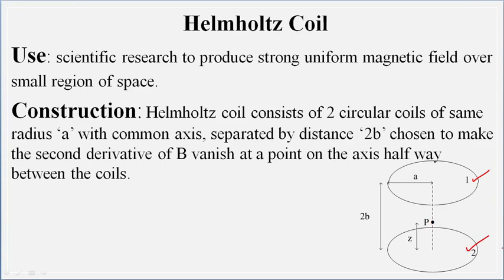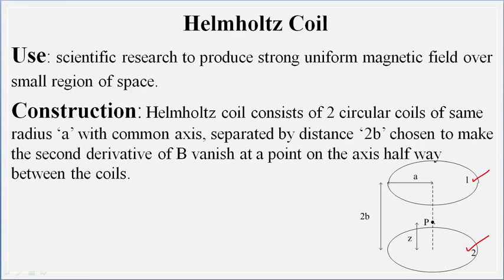See, when the current flows in the same direction, say both clockwise or both anti-clockwise, then if you use the right hand thumb rule, suppose in both the coils it is clockwise, then the magnetic field at any point between the coils will be in the same direction.